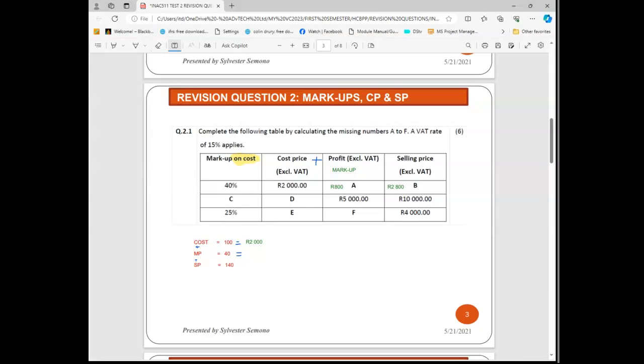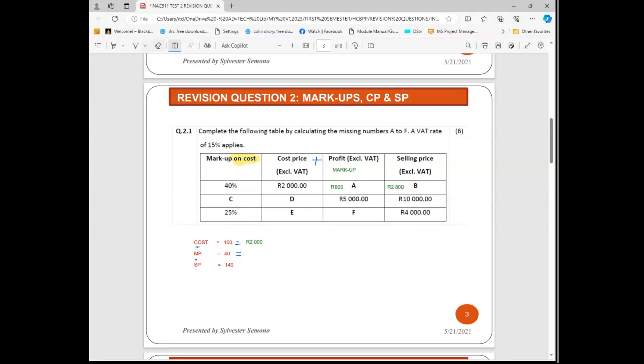Will I shift 2000 or must I still leave 2000 there? Let's say you wanted to find B first. The 2000 will still remain the same.